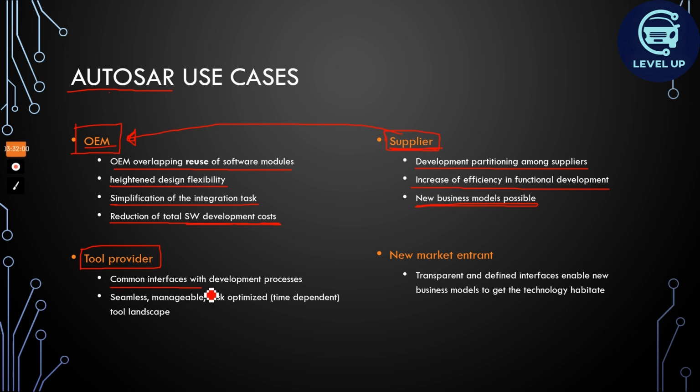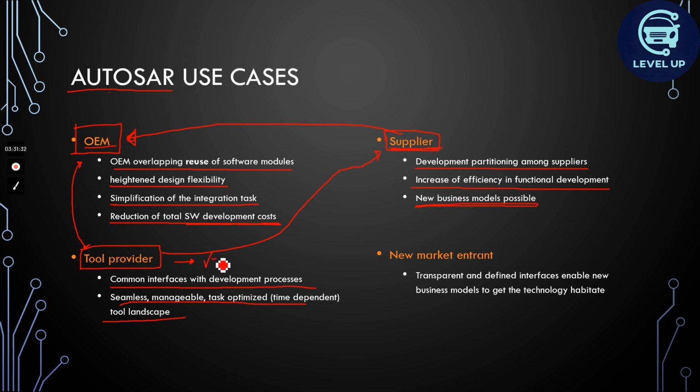Common interfaces with the development process have been introduced by the tool provider, and the tool provider gives their tool to the OEM and the suppliers to generate proper AUTOSAR code. Then seamless manageable tasks, optimized, time dependent, and tool landscape. The tool has been implemented to give accuracy, and that is why tool providers are important.